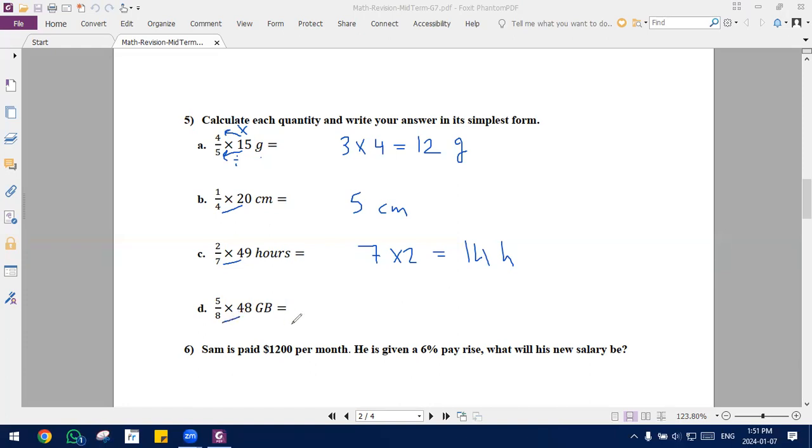Now 48 divided by 8 is 6. And then times 5 equals 30 gigabytes. So again, it's easier if we divide first and then we multiply. Divide and then multiply.